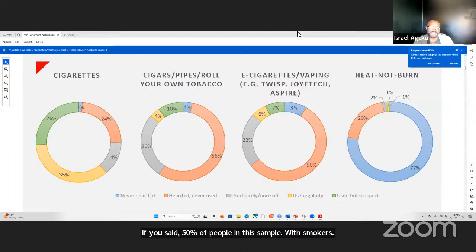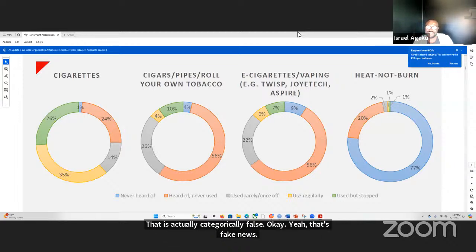We only have a problem when you start saying 50% of South Africans are smokers. Then we'll start scratching our heads and saying that makes no sense. That is actually categorically false. Yeah, that's fake news.